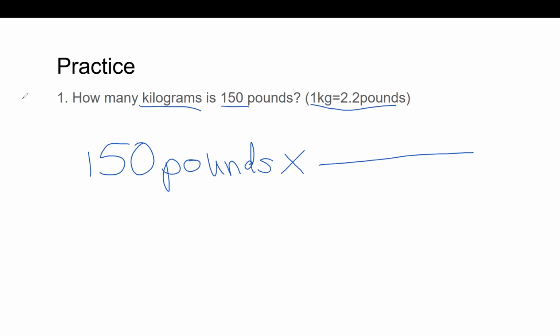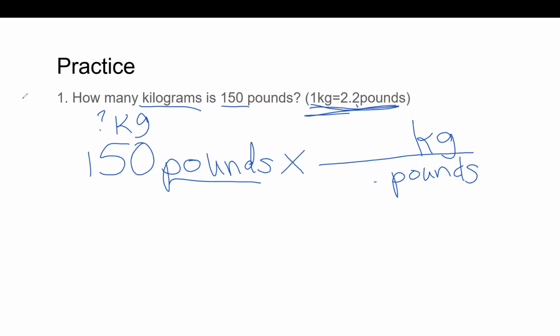We're looking for kilograms because it says how many kilograms. We always put what we want on top. We're looking for kilograms, so it goes on top. We put what we want to cancel out on bottom. We need pounds to cancel out. We'll put pounds down here.